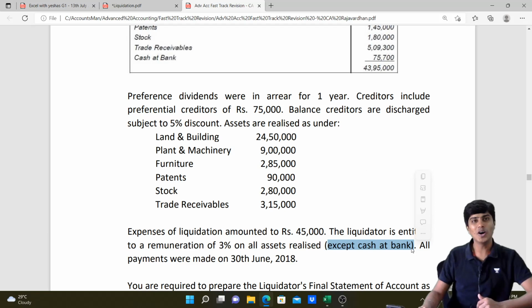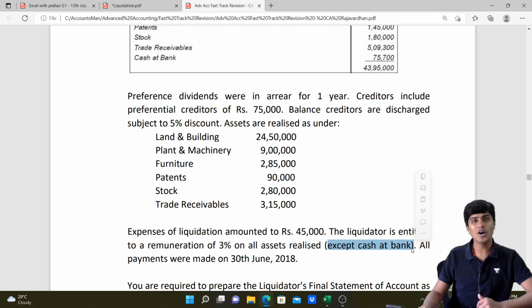If I eliminate 75,700, I'm left with 43 lakh 20,000. On that we give the liquidator remuneration of 3%, which is 1 lakh 29,600. So we pay our liquidator a remuneration of rupees 1 lakh 29,600.